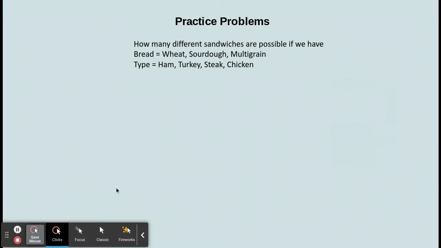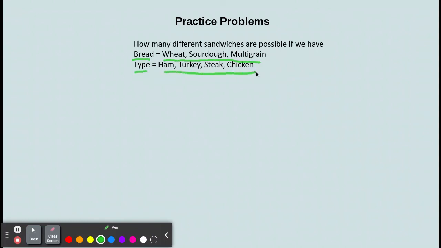First practice problem. We have the same kind of sandwich situation here, but we want to know how many different sandwiches are possible, meaning how many possible outcomes can we create using 3 types of bread and 4 types of meat. You can either do the tree and say wheat, ham, turkey, steak, chicken, and do the same thing for the sourdough and multigrain and then count them all up.